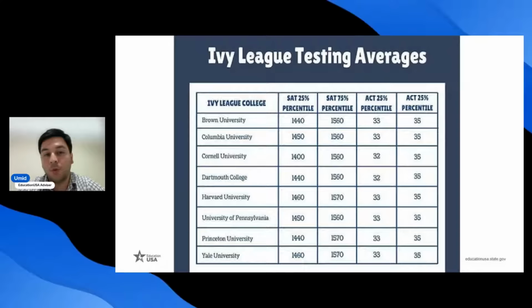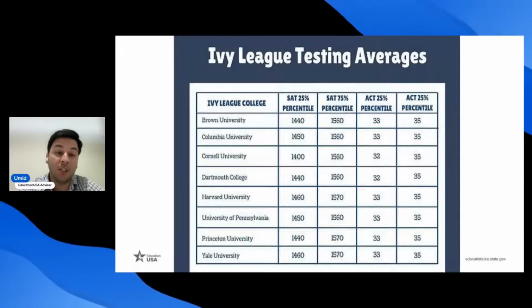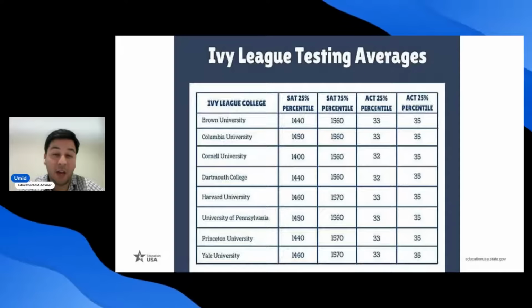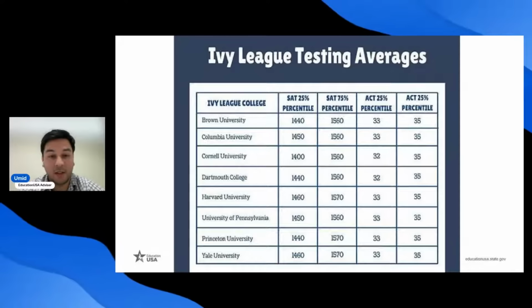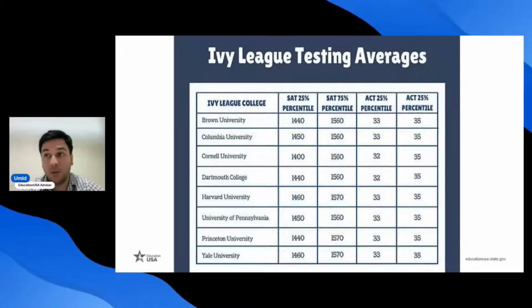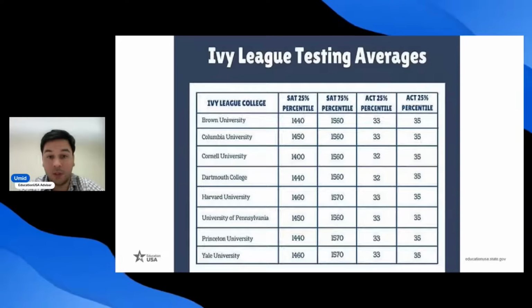If you are aiming for the Ivy League schools, which are considered to be the most prestigious universities, you can see here a table. On average, you need a SAT score of 1,560, and that means that you're more likely to get into one of these prestigious universities.